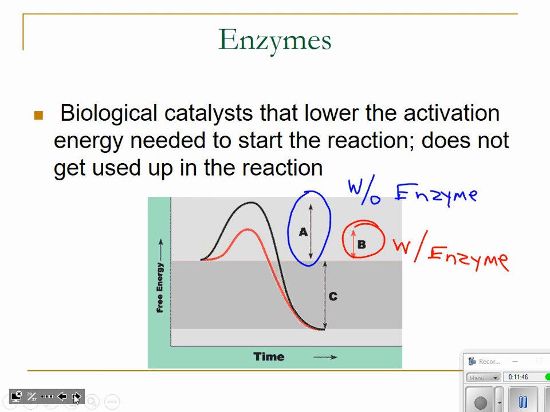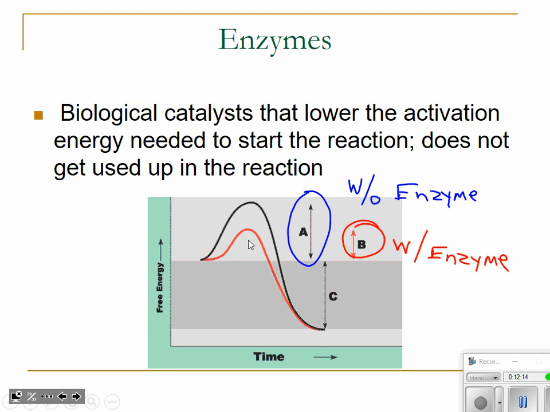Once you get those labeled, which one of these do you think will go quicker? With the enzyme. Why is the one with the enzyme quicker? The enzyme speeds it up. See the hill right here?